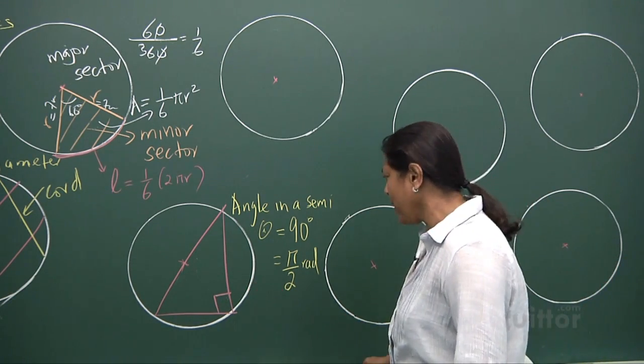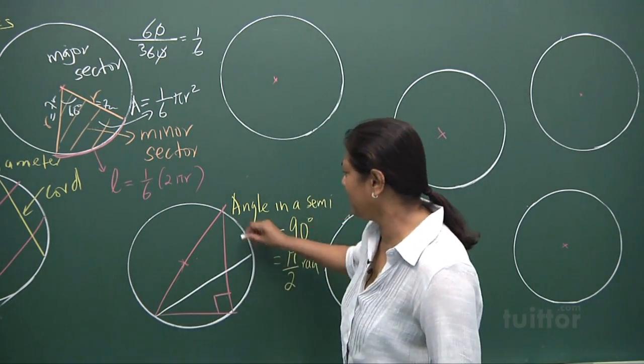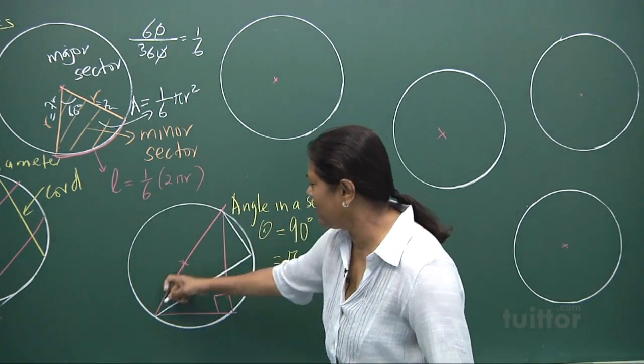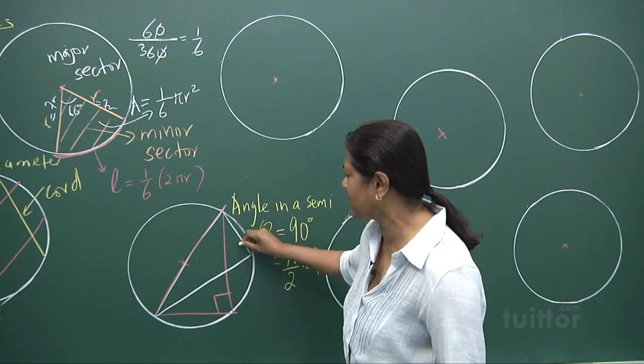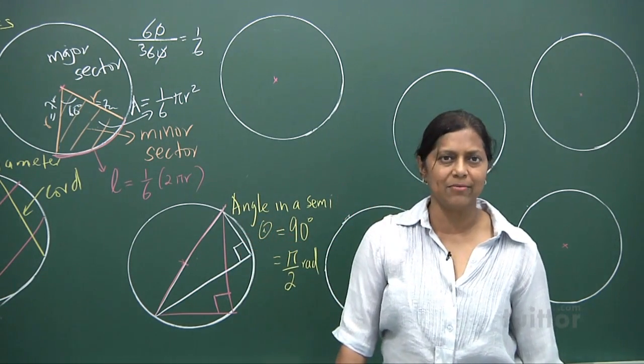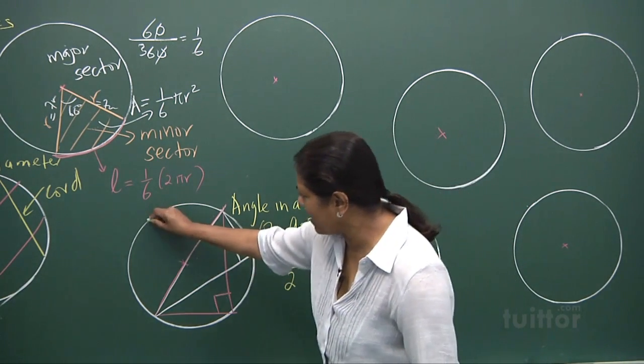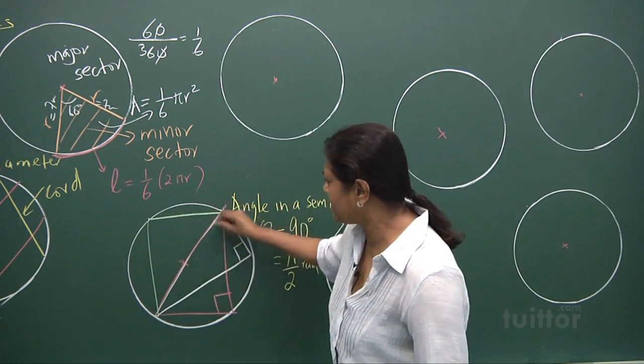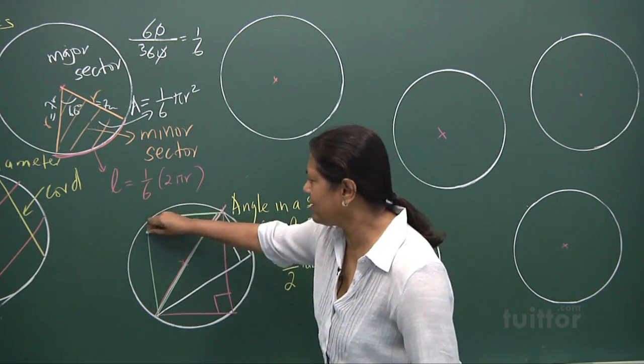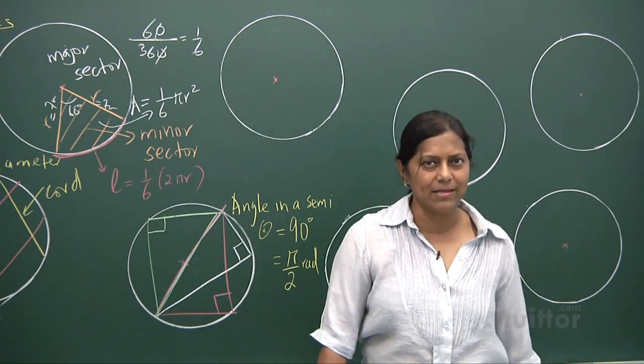Alright, let me show you another one. If I have a circle, an angle like this is also an angle in a semicircle. This is also 90 degrees. If I have another angle here, this is a semicircle, and this angle is 90 degrees.